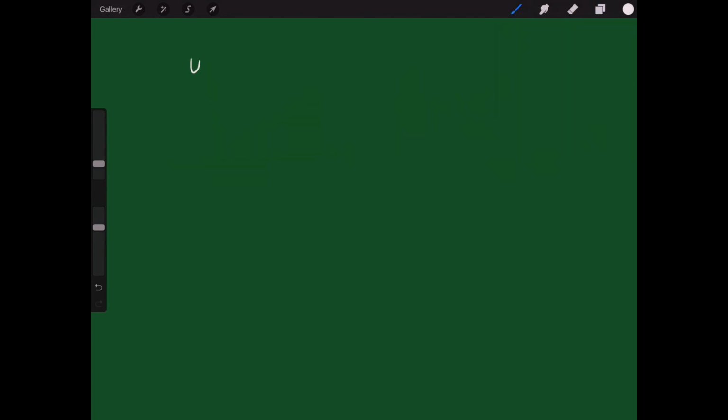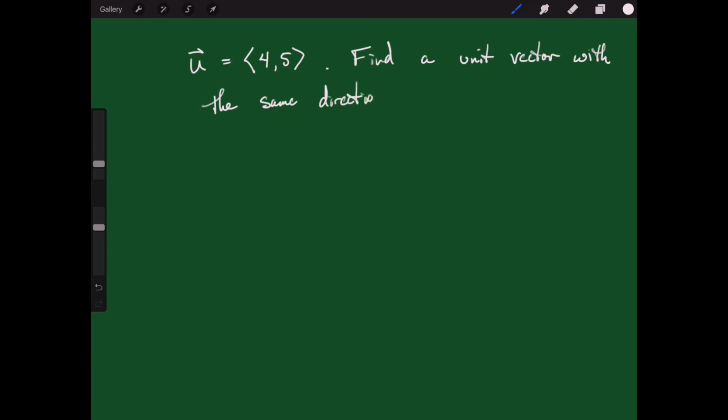Let's start with a vector u, which is equal to, let's say, the vector 4, 5. And let's find a unit vector with the same direction as u. In other words, what we really want to find is u divided by its magnitude.